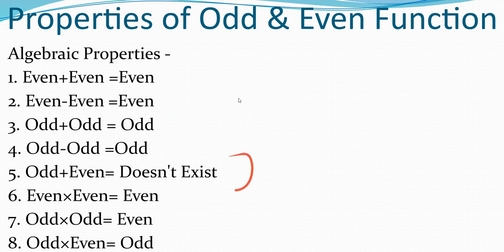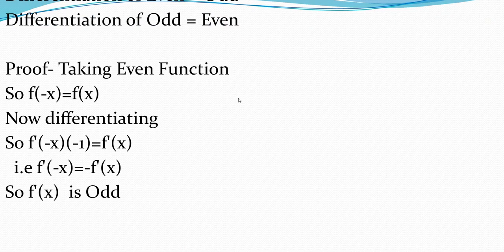The addition of odd and even doesn't exist. The product of even and even will result in even. Odd and odd will also result in even, but the product of odd and even will result in odd. Now differentiation of an even function we will get an odd function, and differentiation of an odd function we will get an even function.